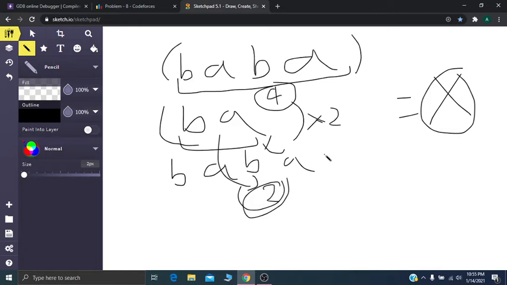Look, we need to find out the string which is the LCM result, right? And that length should definitely be greater than or equal to the maximum length out of these two strings. That's obvious. Now how can you possibly make sure that that length is a multiple of both of these strings?